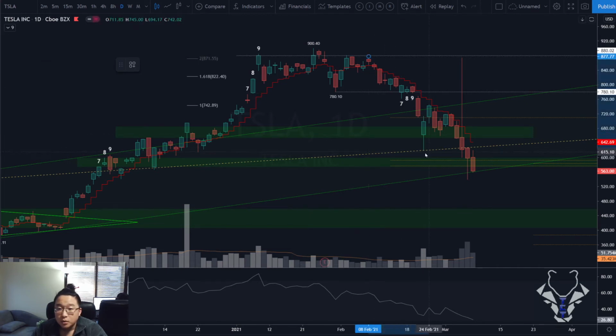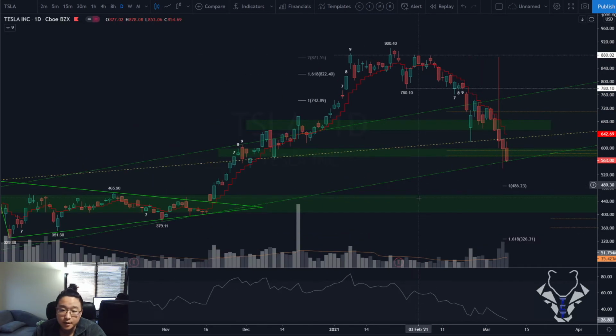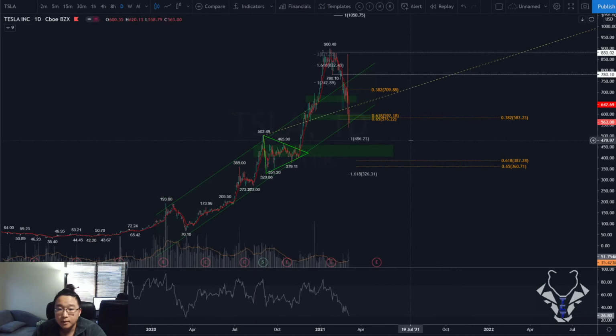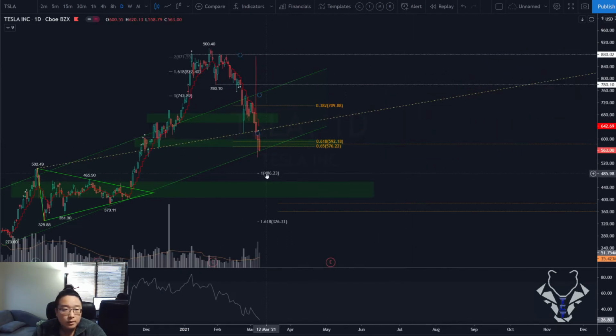Let's do 1, 2, 3. 1-to-1 extension now pointing to 486. Does that line up with anything? I can see that.